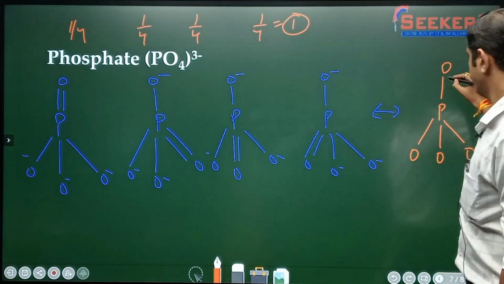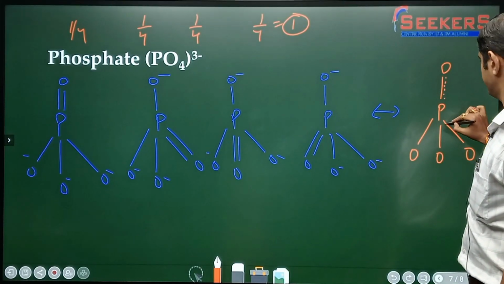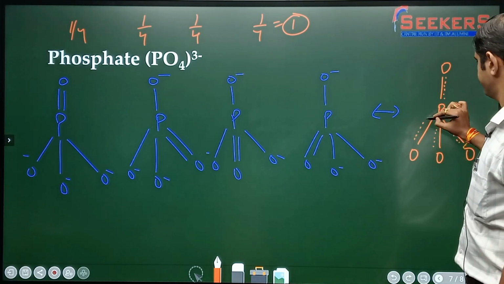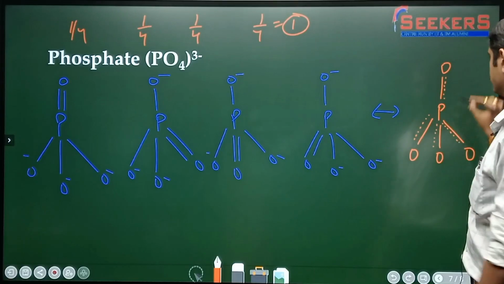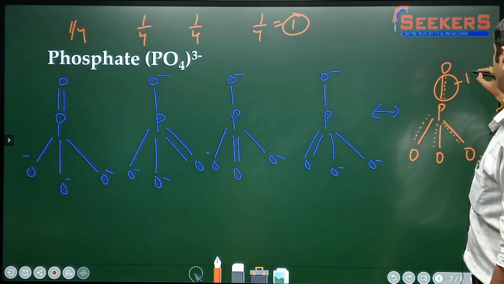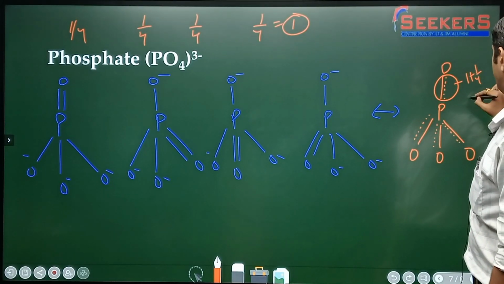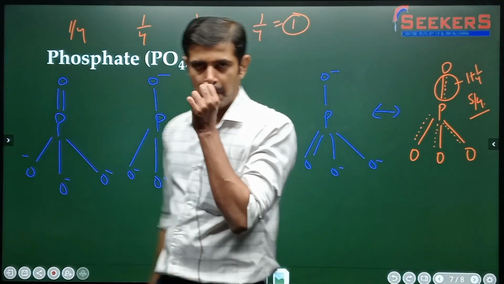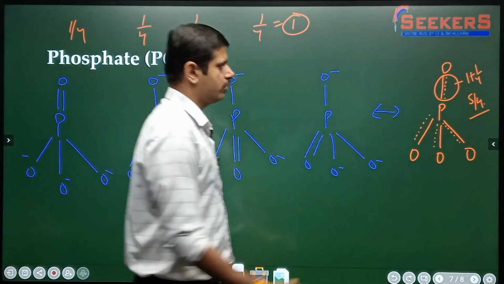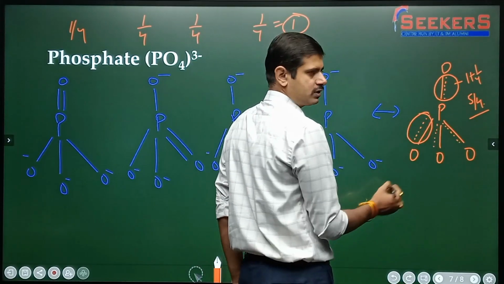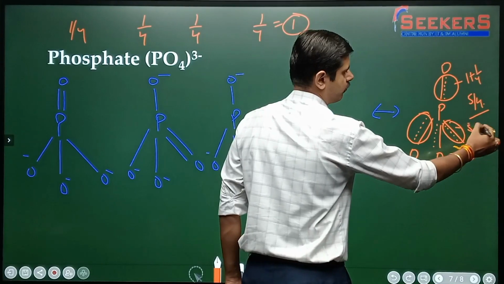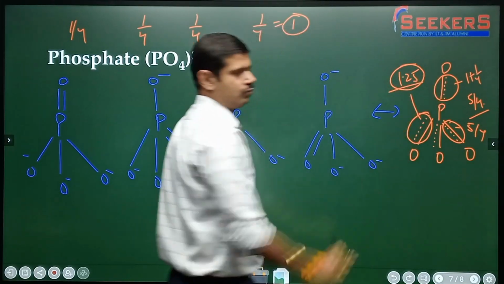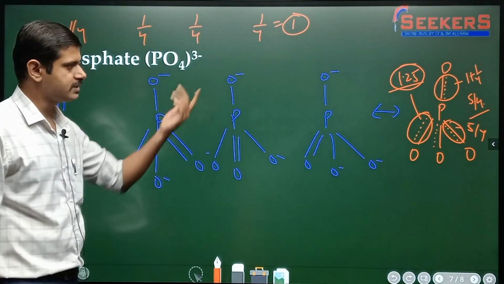So it will become 1 plus 1/4, which is 5/4. Clear? So what is the bond order? Bond order is 5/4. Every phosphorus-oxygen bond is 5/4 or 1.25. Is it clear?